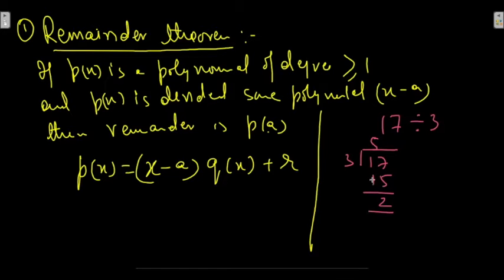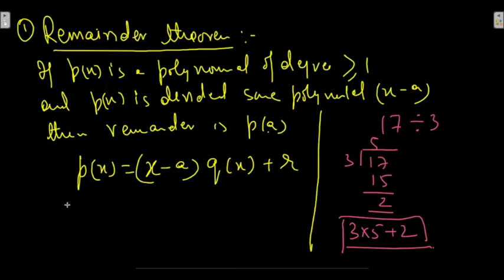So we can write 17 as 3 times 5 plus 2. So this x minus a becomes the divisor, which is 3 here in our case, and this q of x is nothing but the quotient, which in our example is 5, and this remainder is 2. So with this example, it's very clear that p of x can be written as the product of x minus a, which is the divisor, and q of x, which is a quotient polynomial, and some remainder r.